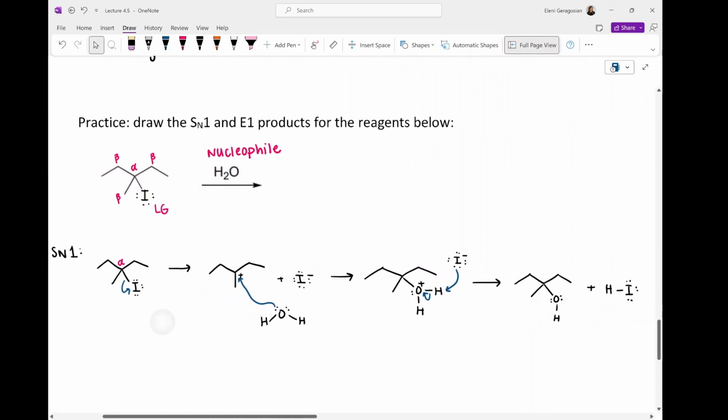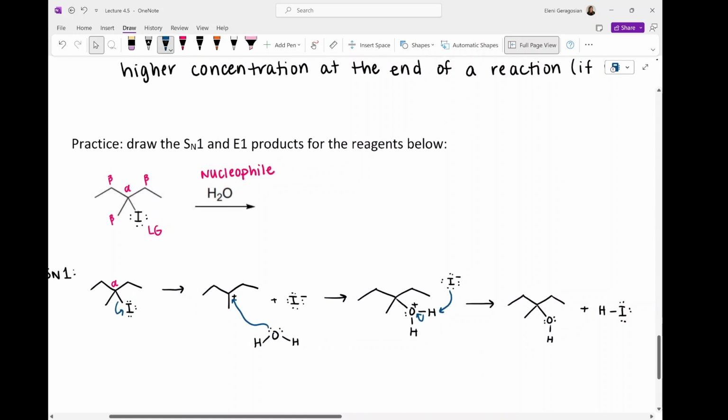And so this is the complete SN1. We've got step 1, which is carbocation formation, which occurs when the leaving group leaves. Step 2, nucleophile attack.